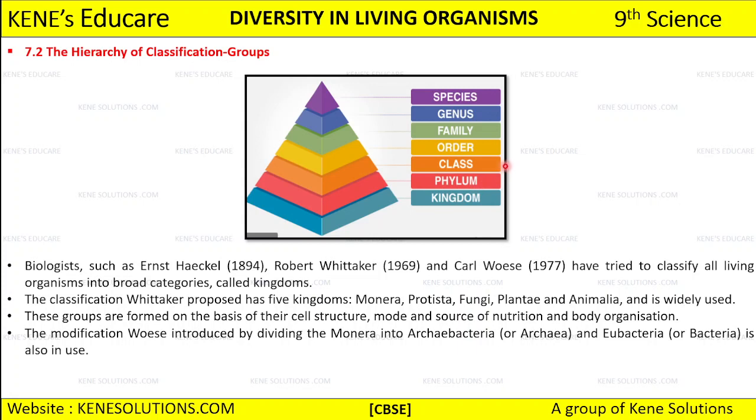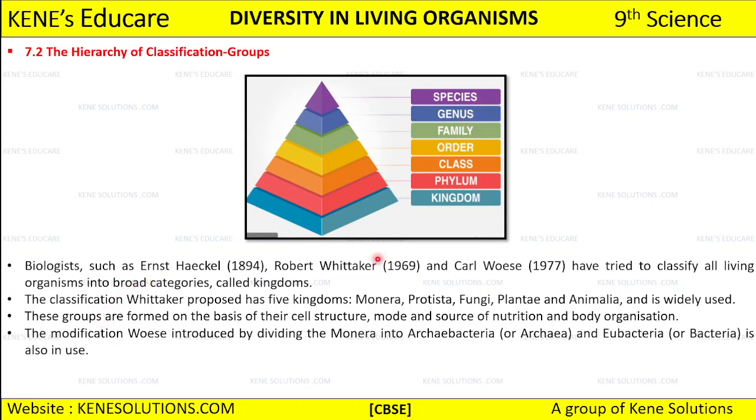Then again we have the division as class. After class, we have the order. Then we divide the plants with respect to different families. This family is going to have genera, and from the genus we get the species respectively, right? So this is the hierarchical classification that you have to remember.